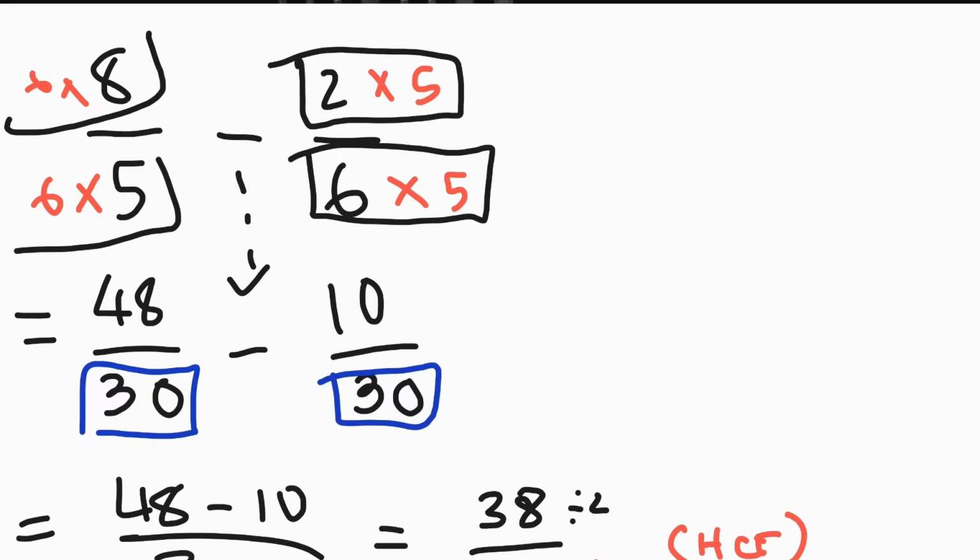Let me put that in a different color for you guys. Let's go with a different color, and let's say our HCF is 2. So what does that leave me with now?